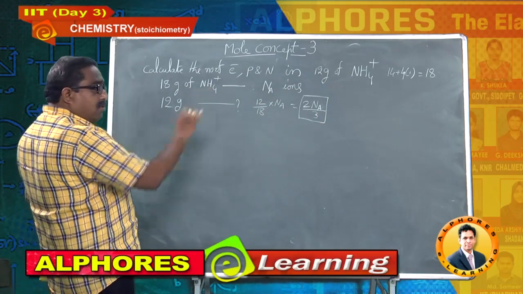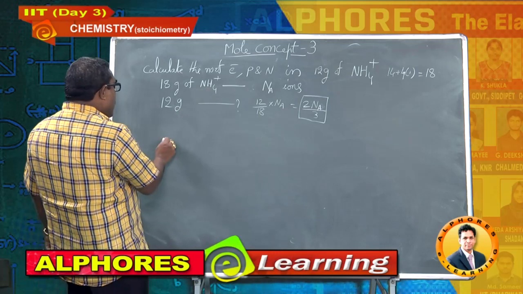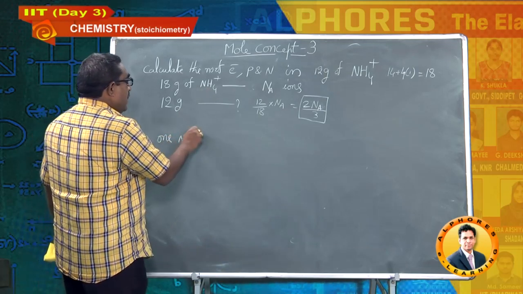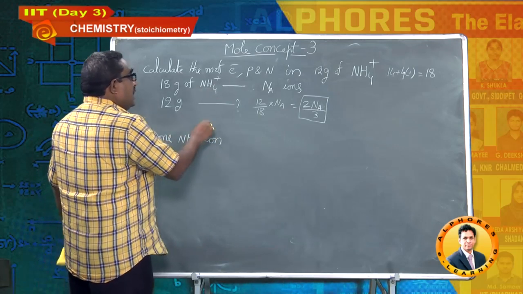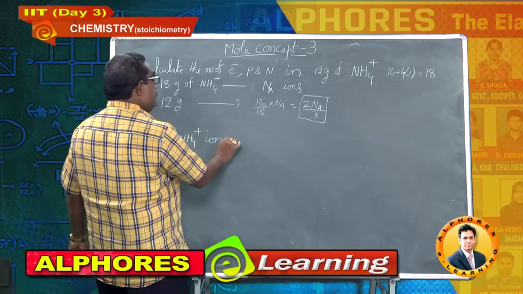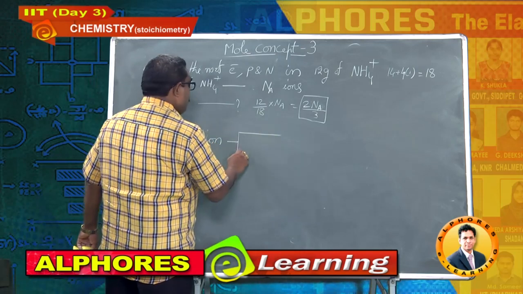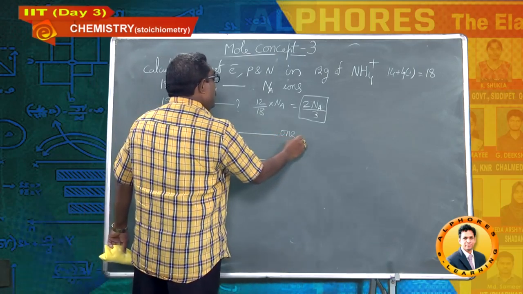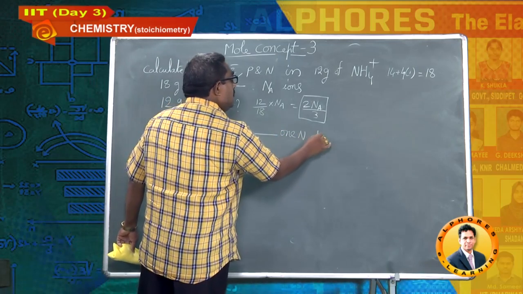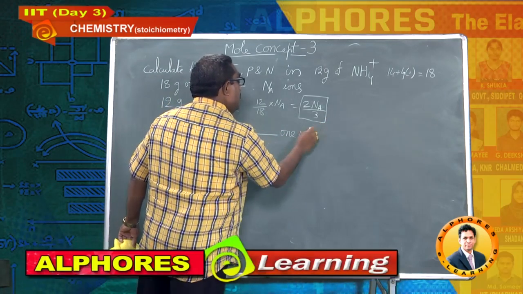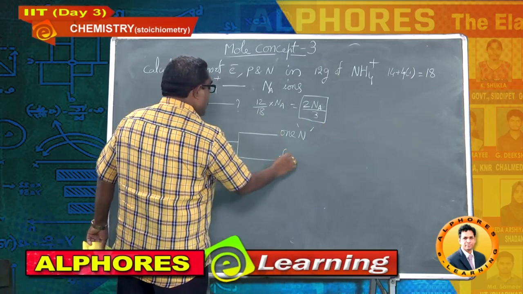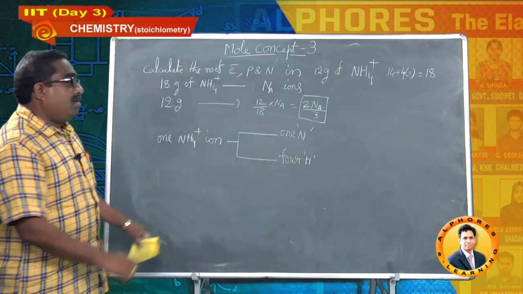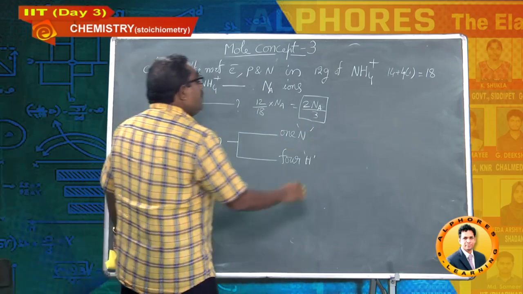Now, we have to go for the individual study by taking one ammonium ion. One nitrogen and 4 hydrogens.